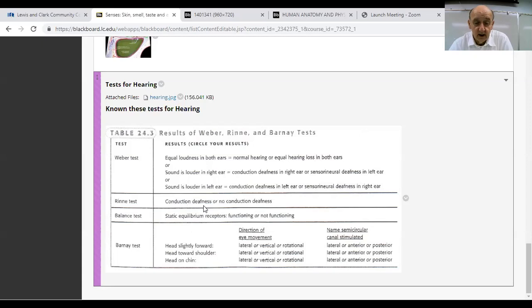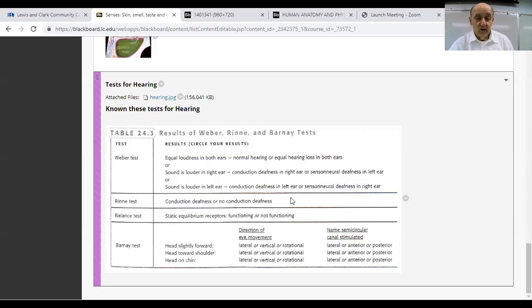Conduction deafness may make this person totally deaf, but if the hearing tests indicate no sound detection, then in addition to potential conduction deafness, there's a nerve deafness issue as well. Of course, nowadays, the Rini tests are done electronically. A tuning fork is just a fun way to test this.